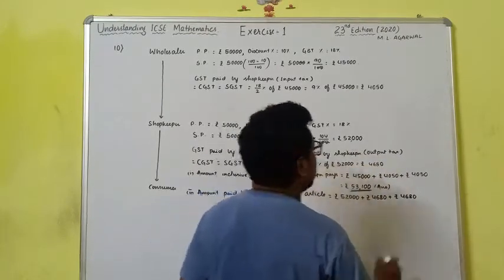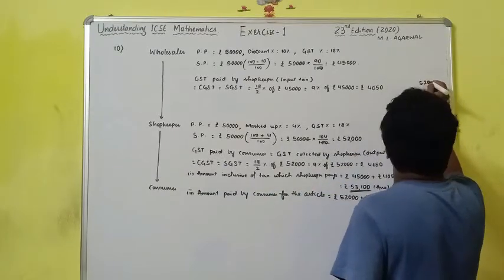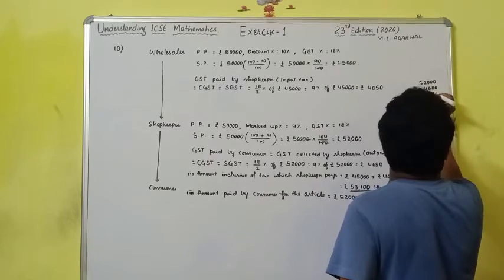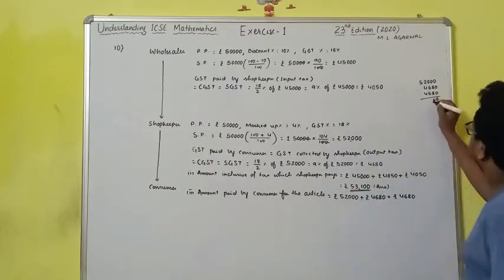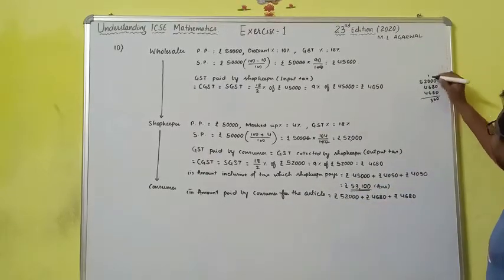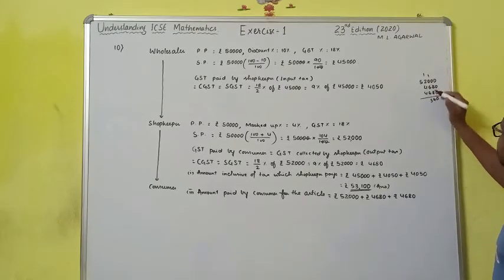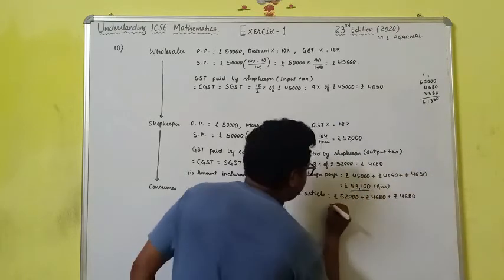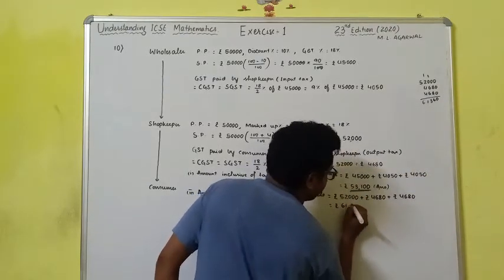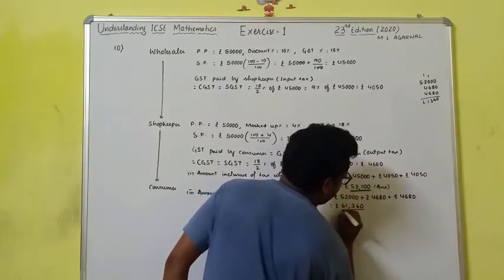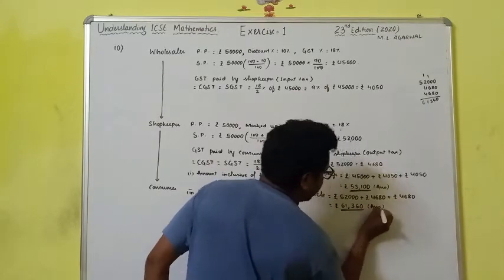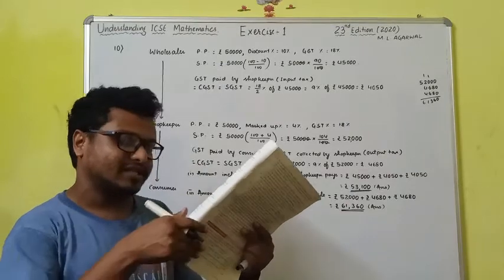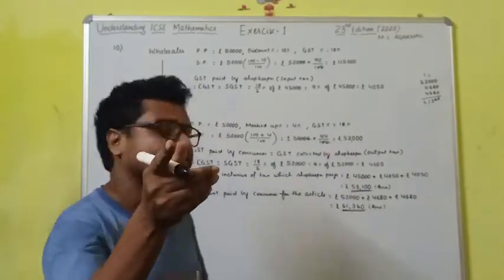Now add these two. 52,000, then 4680, 4680. So it will be 61,360 rupees.